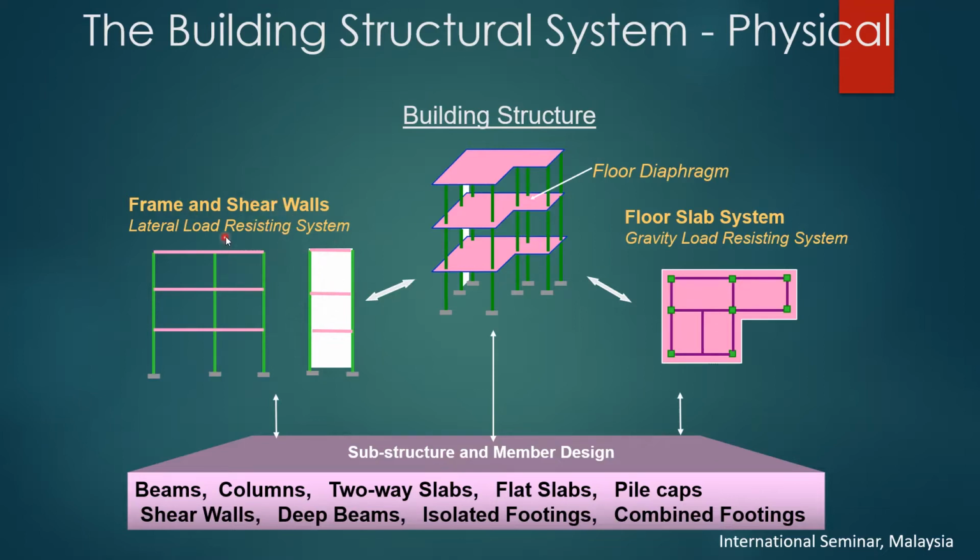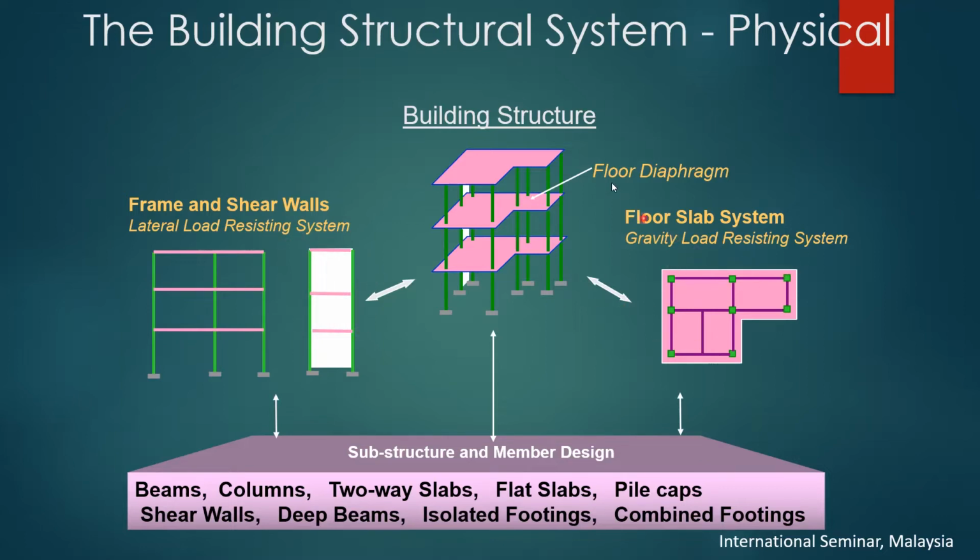These are the lateral load resisting system, and the horizontal element is known as the floor diaphragm. So we have two vertical elements related to the lateral load resisting system, the columns and beams, and the shear wall. And here the diaphragm.